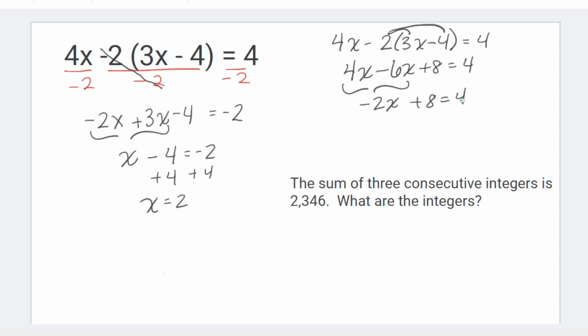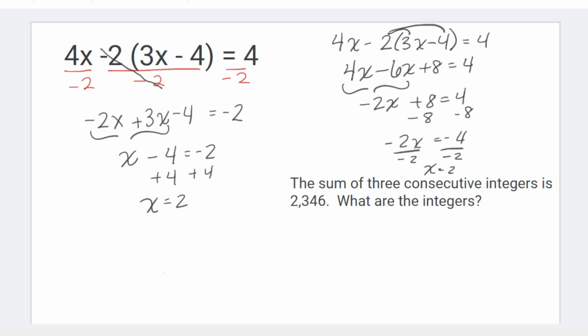Next I would get rid of the addition by subtracting. And then I would divide by -2, and I get x equals 2. So I got the same solution. It just required me more steps, which is fine. It's not a big deal.